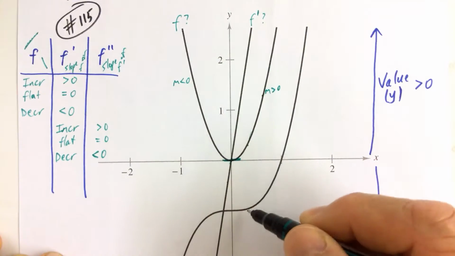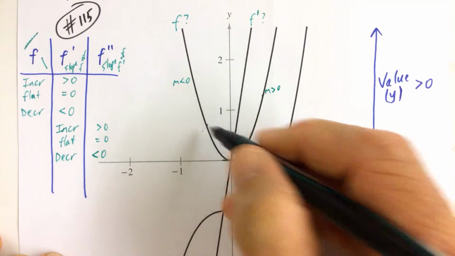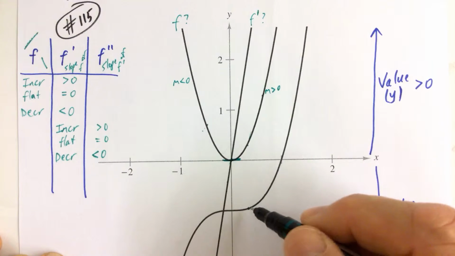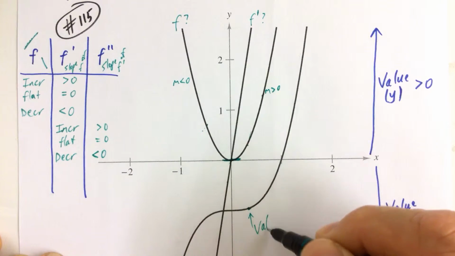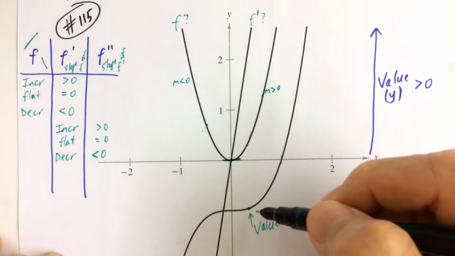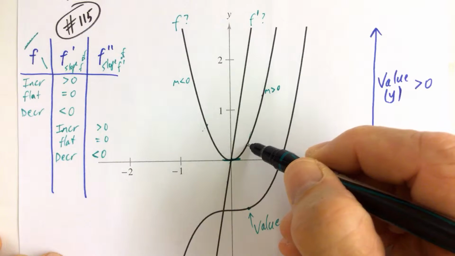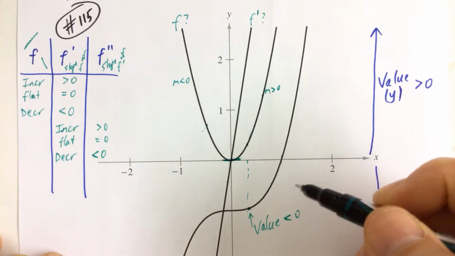Well, if this is the derivative of f, this would show the value of this function being negative here, and we can't have the derivative of this function being negative right there. So it can't be that because of what we just talked about.